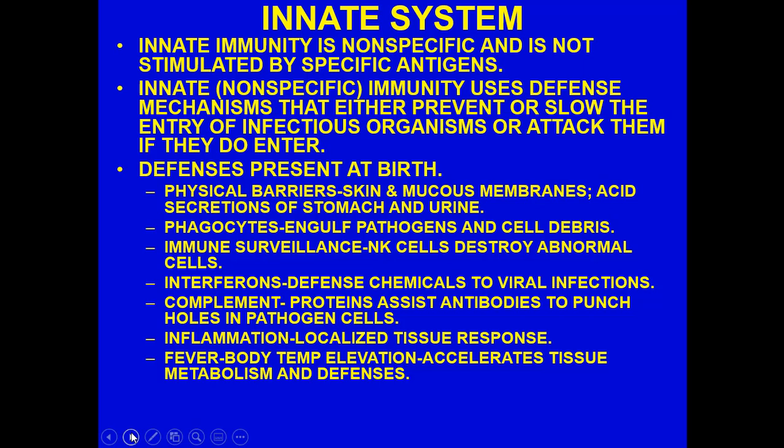Inflammation is a localized tissue response. And then we have fever. This is a body temperature elevation. You ever notice, okay, I've got the flu. I'm going to have a fever. Why? Because fever accelerates tissue metabolism and accelerates defenses. When you raise the body temperature, you also make it harder for certain pathogens to metabolically function.